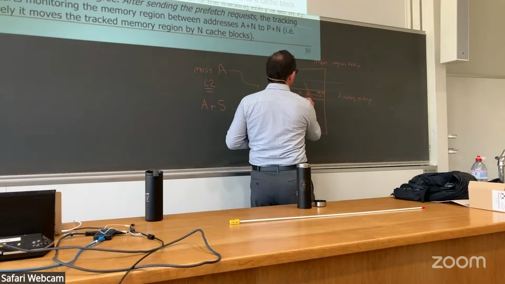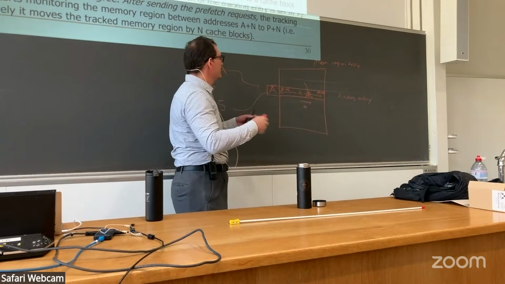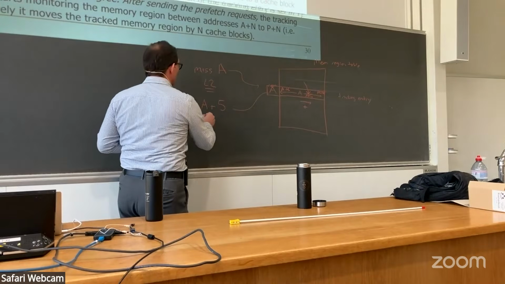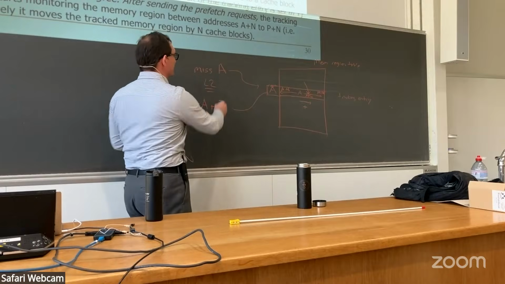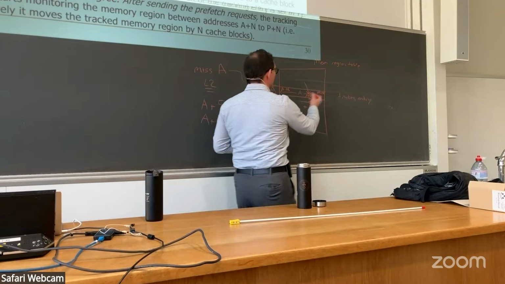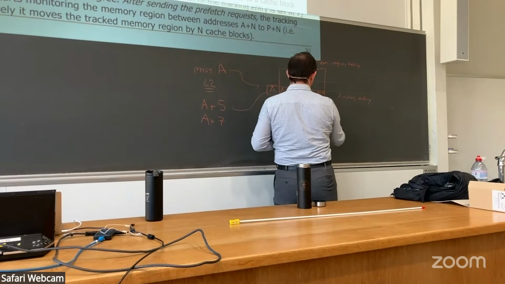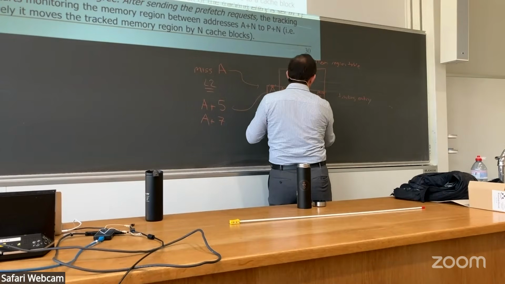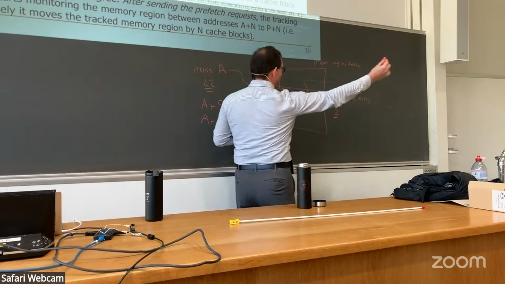Oh, the processor is probably going to the right, meaning plus direction. And it's doing some accesses. Let's monitor a little bit more. The processor accesses A plus 7. There's no stride, as you can see, plus 5, plus 2. Oh, the processor is still going this way, so I'm going to increase my confidence. You're more confident, so okay, your direction is plus, and you're confident twice that you're going this way. Right?